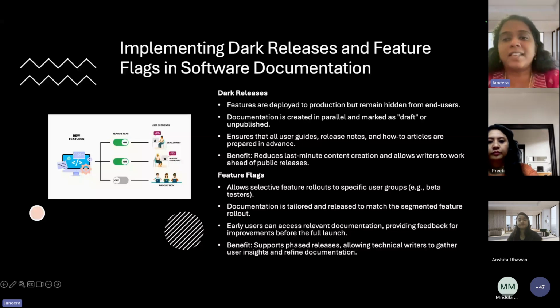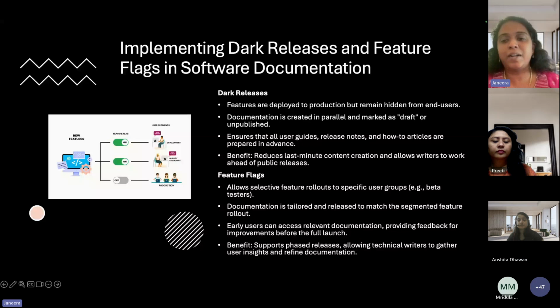And a feature flag is like an on-off switch, where new functions can be enabled for specific groups like beta testers, internal teams, and so on, while the content is hidden from the rest of the audience. And then once the organization decides to roll out the entire product to the whole crowd, you can make it visible to everyone. I'm just touching upon the features.